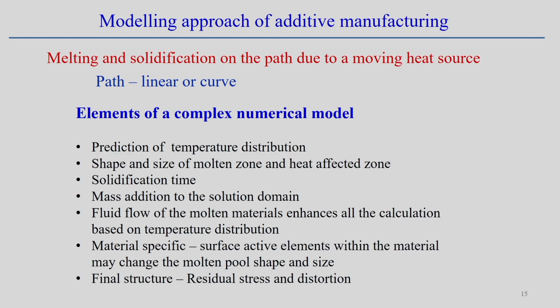Even from the temperature distribution we can, to some extent, predict the solidification time, how much time it takes to solidify, because in that case we have to look into the cooling phase.